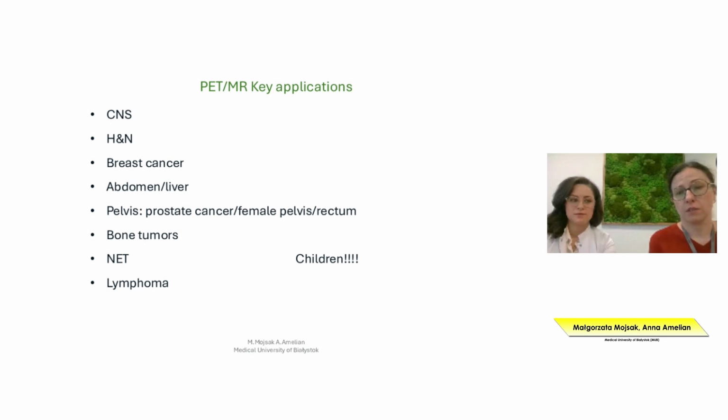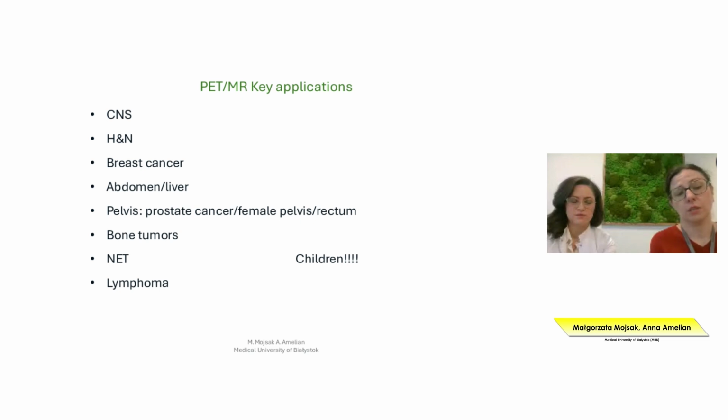Also bone tumors should be examined with a PET-MR scanner, and also NET, especially in children, and lymphoma.